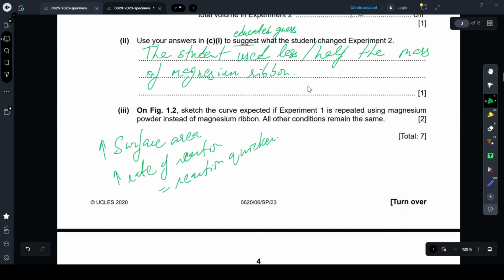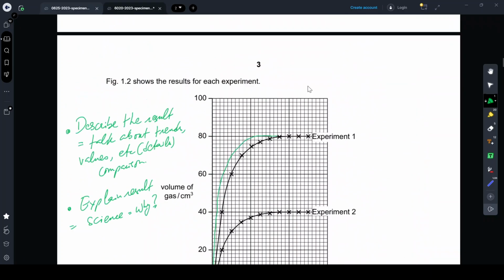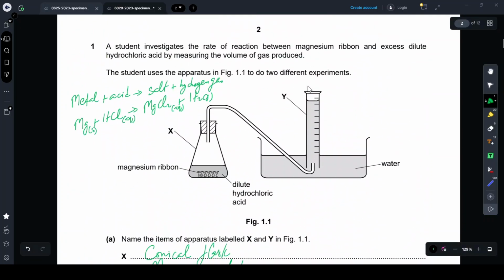Oh, by the way, we didn't balance. So when you're writing out equations, you need them to be balanced. So with magnesium and 2HCl, you got MgCl2 and H2 there. So that's balanced.